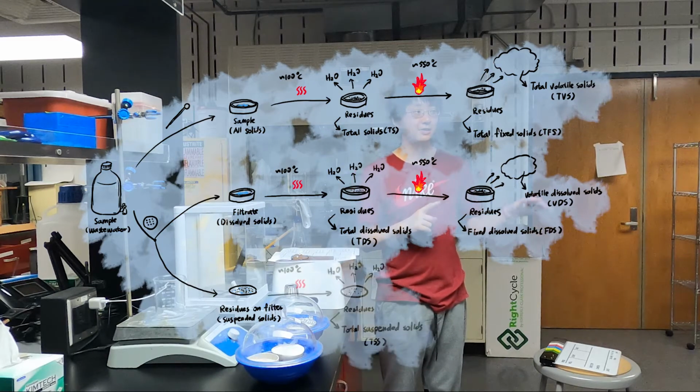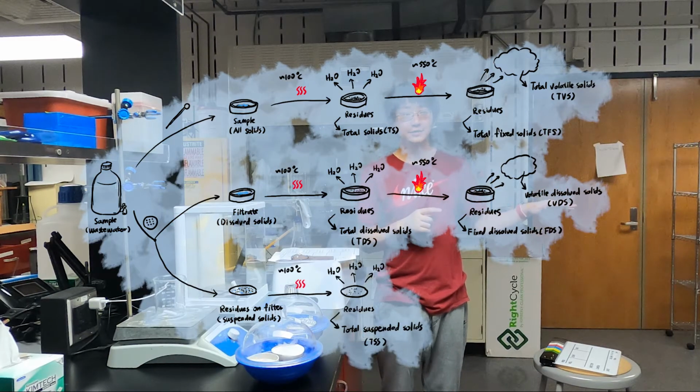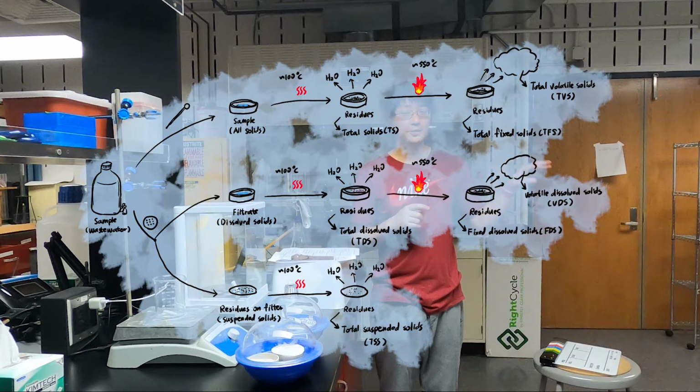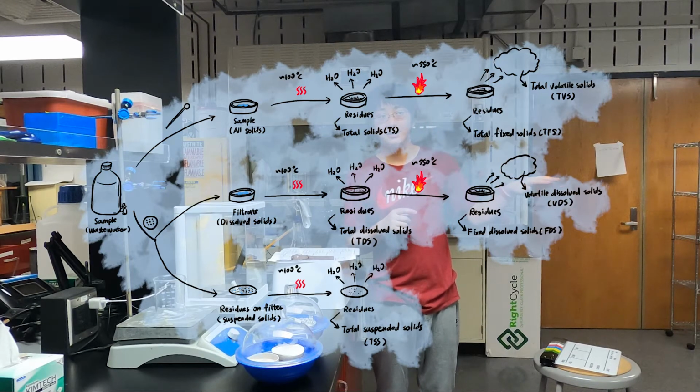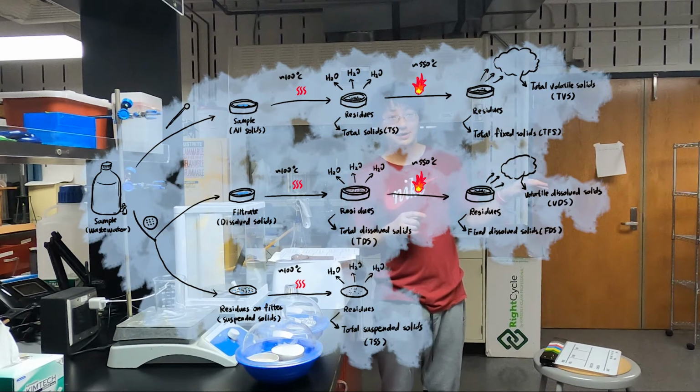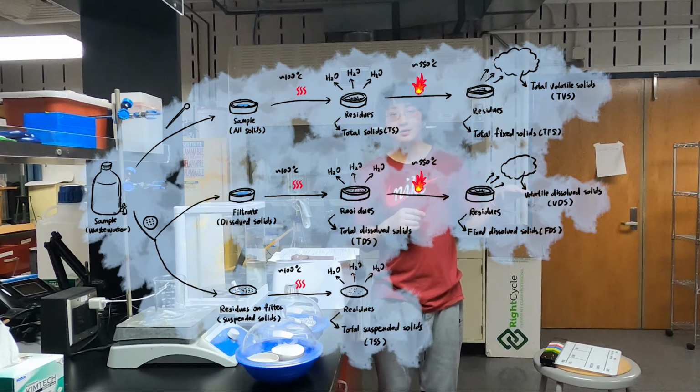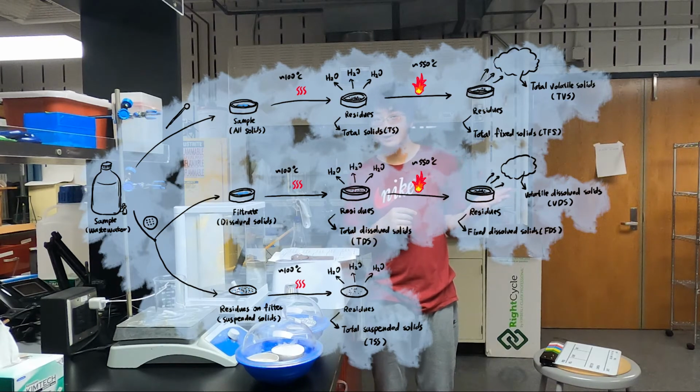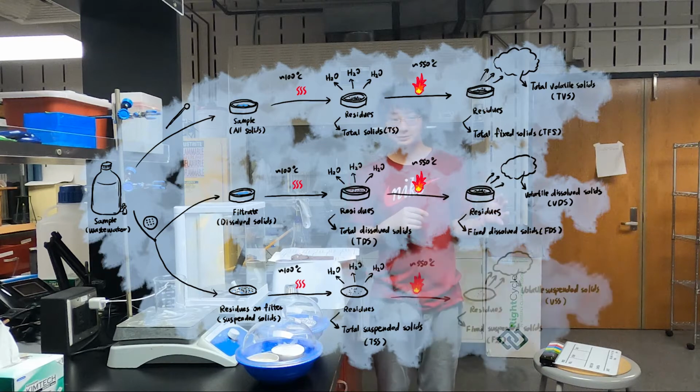Now let's turn back to the residues on the filter. Still, we can also bake the filter in the oven at about 100 Celsius degrees, and the water is removed. After this process, we still have some residues on the filter, and these residues are called total suspended solids.